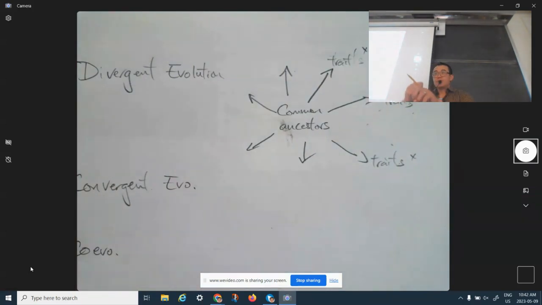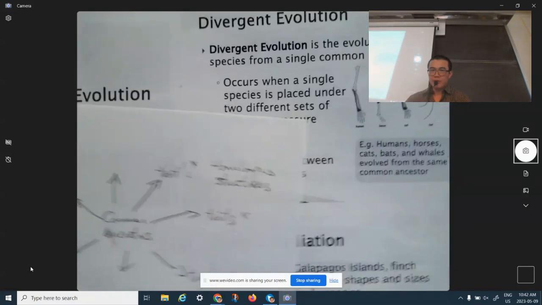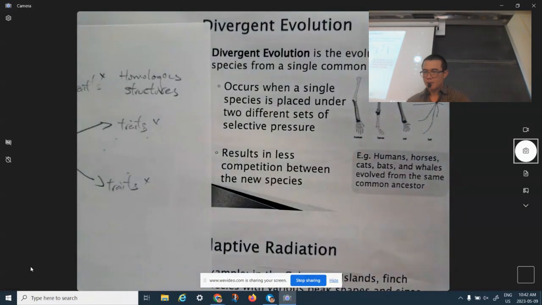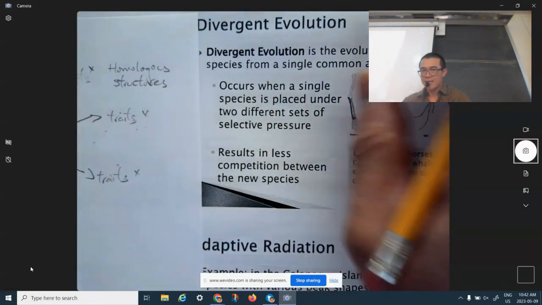So divergent. Did you guys talk about divergent lenses or divergent mirrors, curved mirrors, in grade 10? Grade 10, yeah. Divergent, you scatter or spread out. Converge, you bring everything together. So divergent evolution: the evolution of many species from a single common ancestor.